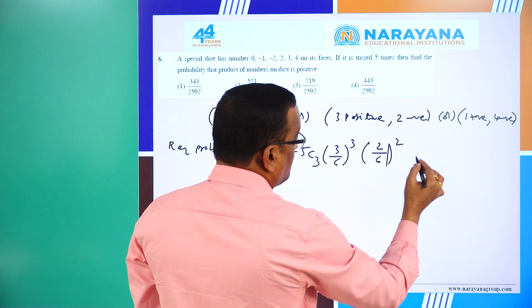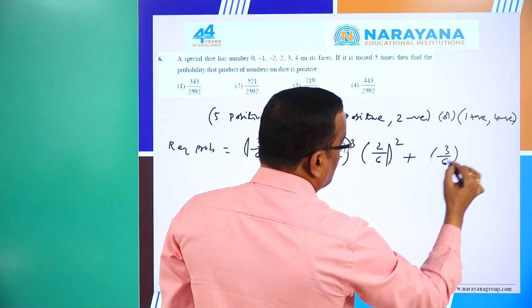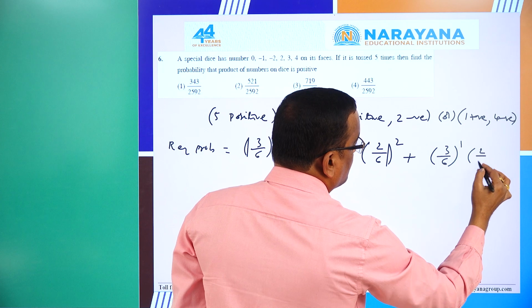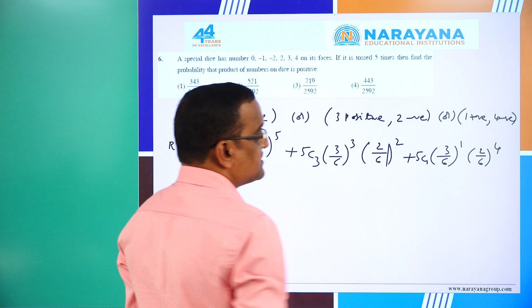And coming to the last one, 1 positive, that is (3 by 6) power 1, 4 negative, (2 by 6) power 4, and we can interchange this in 5C1 ways.